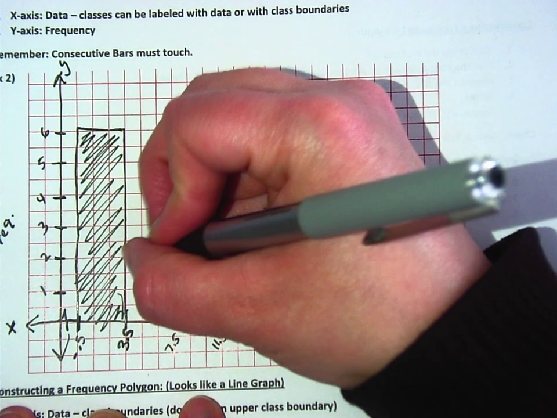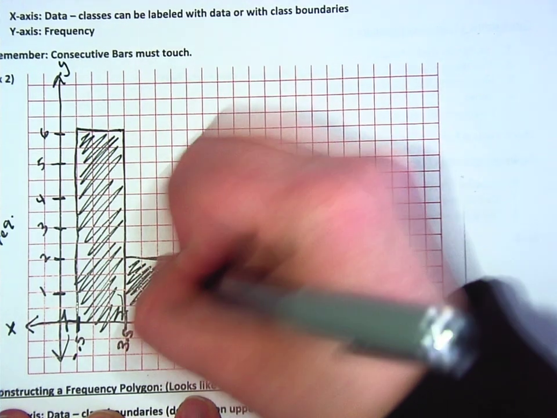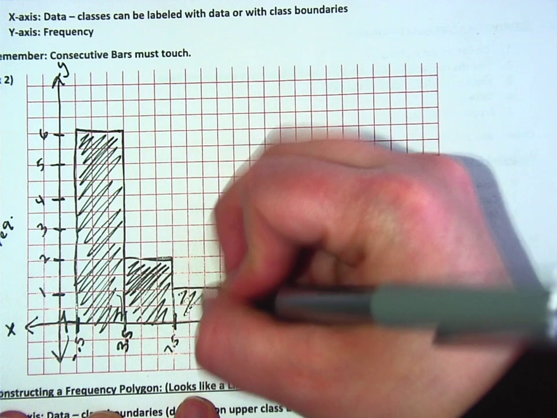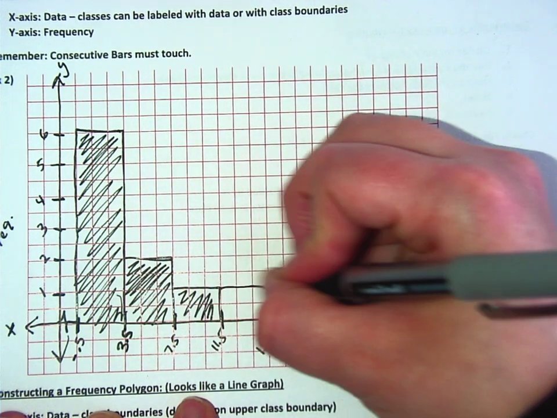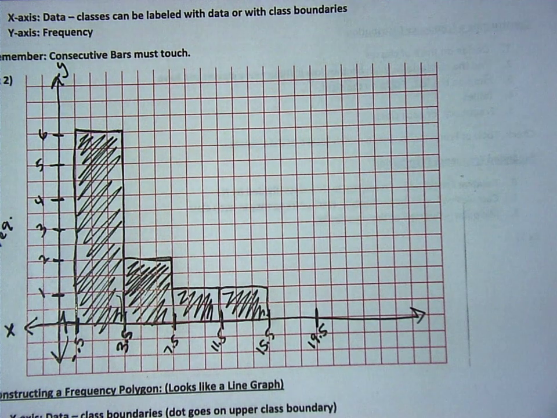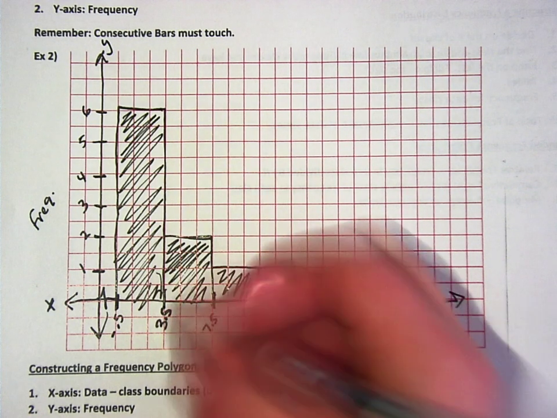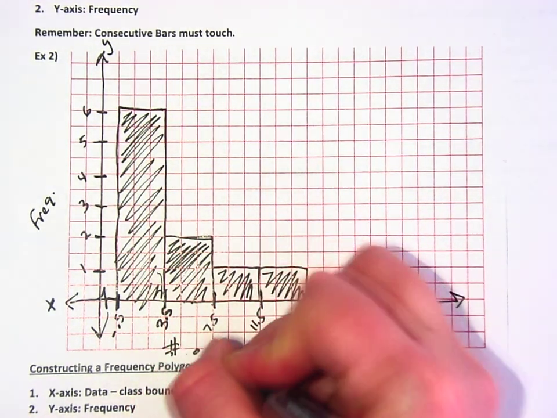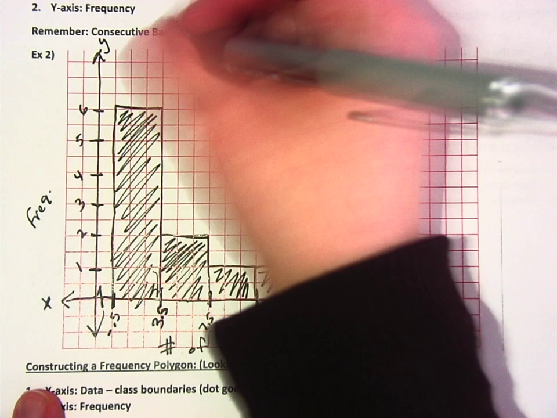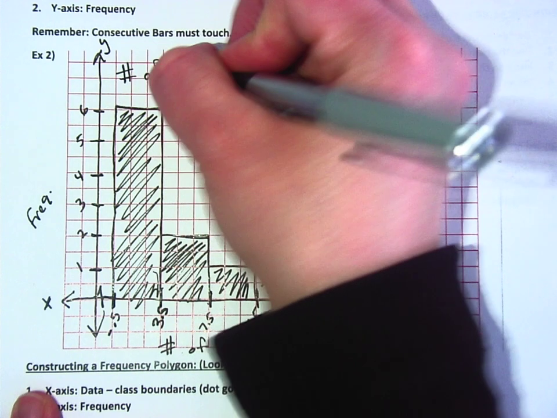I'm just copying stuff off of the front page. And the last one doesn't have a bar because it's 0. On the bottom, I'm going to write number of cats. And on the top, because I always label my graphs, I'm going to write number of cats per house.